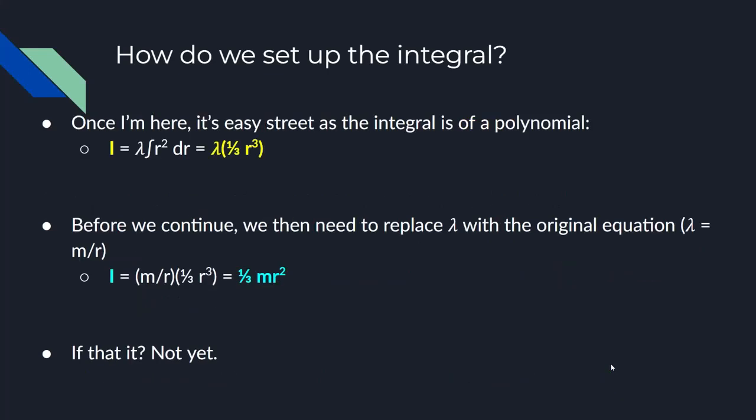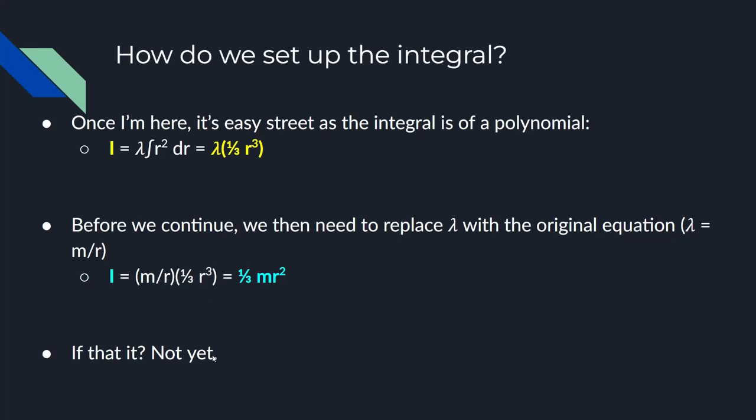So from here, it's easy streets. I add 1 to the exponent and divide by 3, and we get lambda times 1/3 r cubed. Before I continue, I would then have to plug in for lambda the original equation, which, remember, was m over r, to get 1/3 mr squared as our final answer, because the r cancels out one of the r's in the cubed.